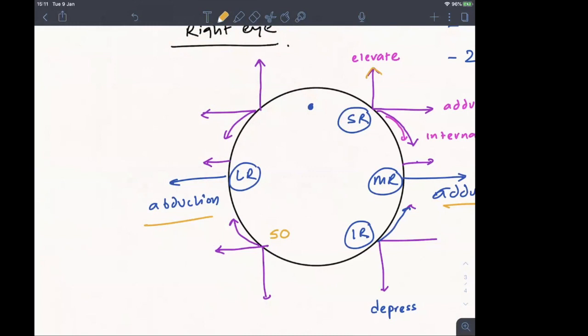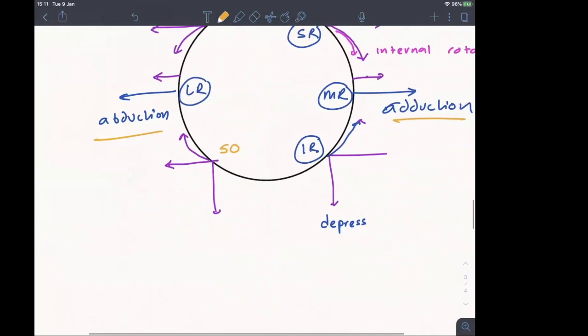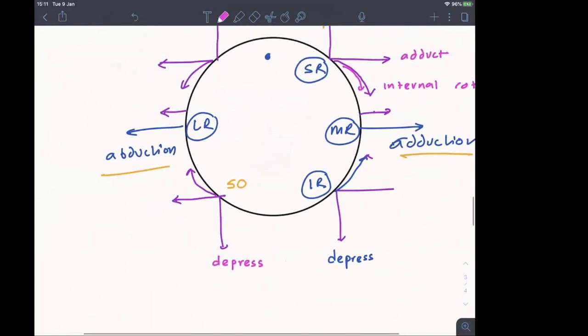But in this diagram, we have kept superior oblique below so that we can better understand its actions, because the action of superior oblique is that it will depress, it will abduct, and it will, what will this do? What kind of rotation will it do? So it is going to rotate like this, so like this, and like this. So then if there is a point at the 12 o'clock position, there will be internal rotation.